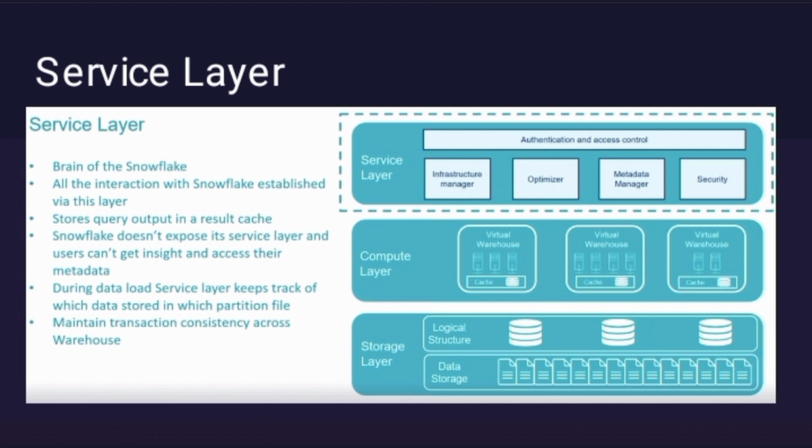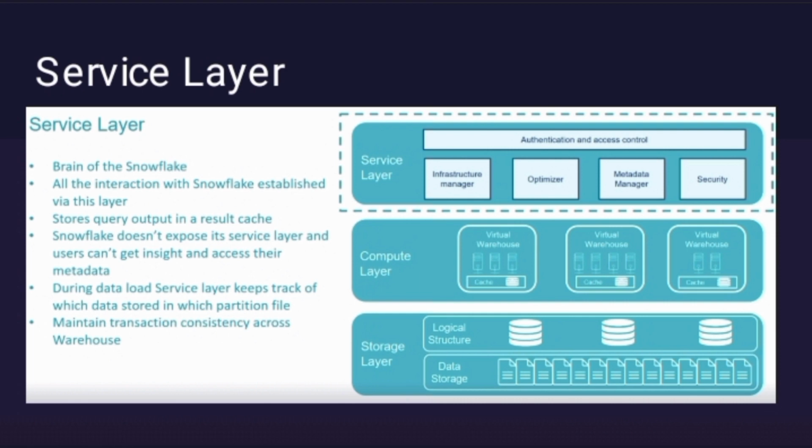We have different roles here: admin role, security admin, reader or writer. There must be the business requirement that some users can only see the data, some users can edit the data, some are admin, some are security admin. During the data load, the service layer keeps track of which data is stored in which partition file.